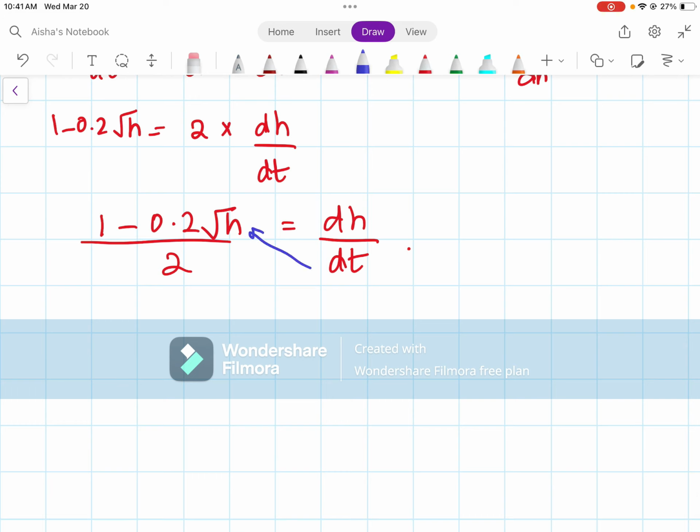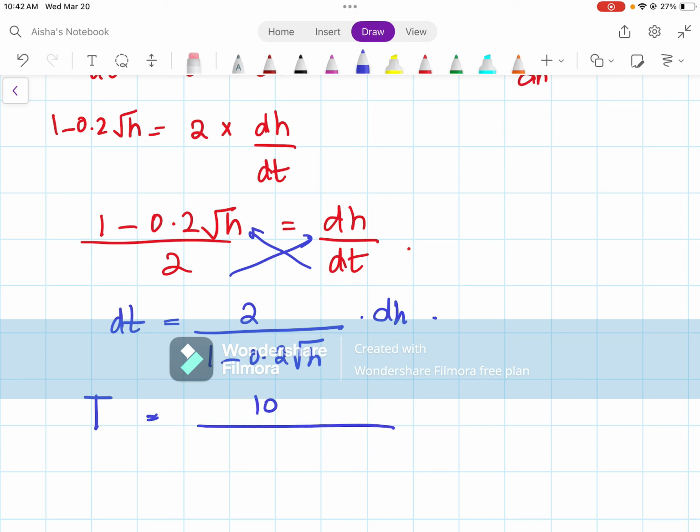Now we basically have to put in the integration. So t equals, 0.2 is 1 upon 5, so it will become 10 upon (5 minus root h).